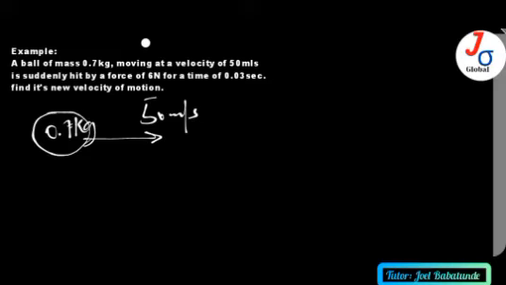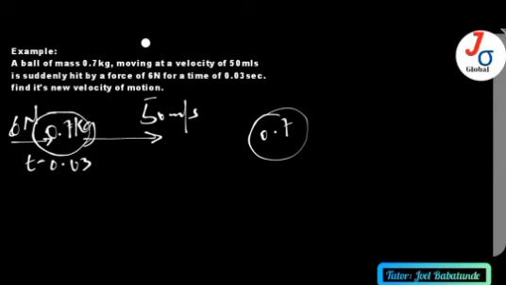It suddenly is hit by a force of 6 newtons from the back, with a time of impact of 0.03 second. Find its new velocity. Now there's a change, so this ball will now be moving at a new speed. We don't know what that is, so that's what we have to find.